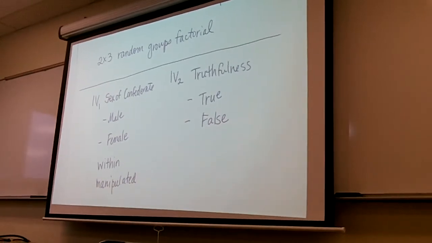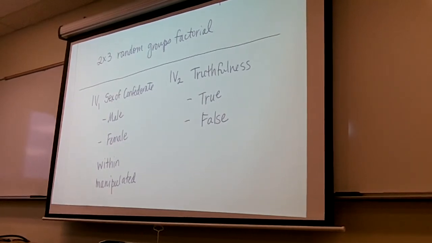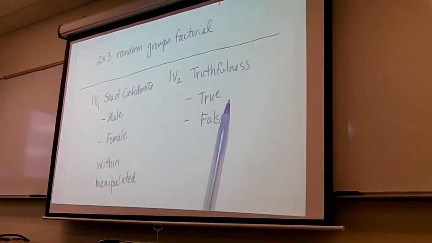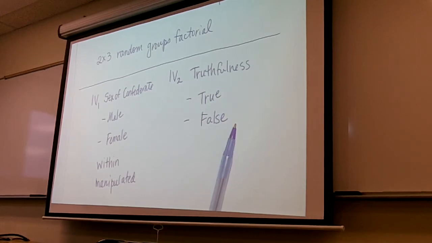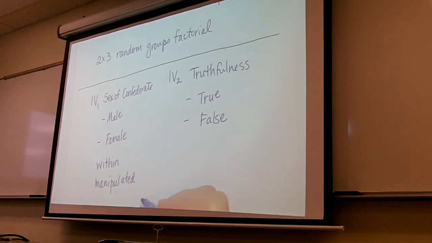Because it says the Confederate lied on half of the polygraphs and told the truth on the other half. So that means that there were 10 polygraphs made by a man and 10 polygraphs made by a woman. It also means that there were 10 polygraphs where the person told the truth and 10 polygraphs where the person told a lie. So think about what that means here.